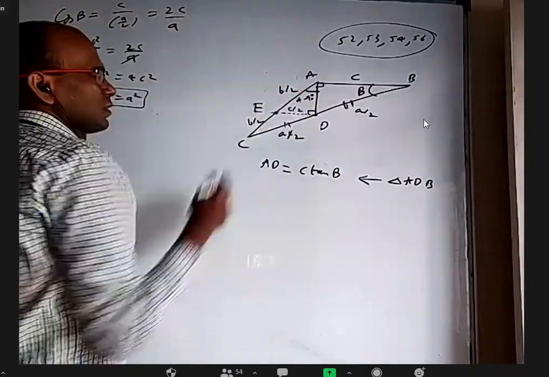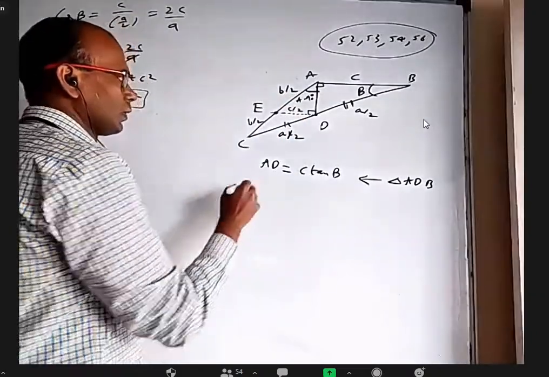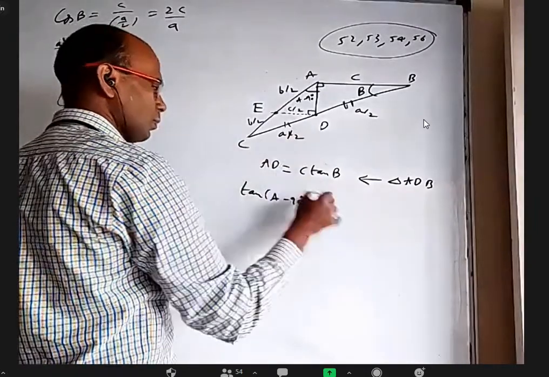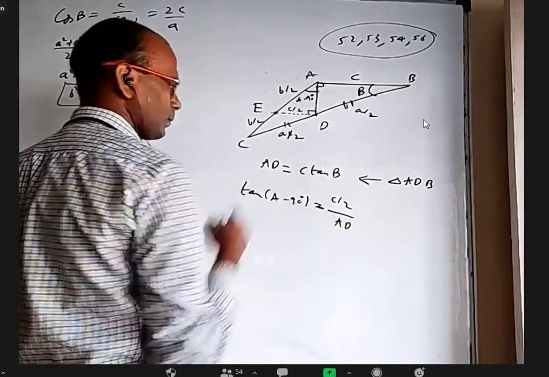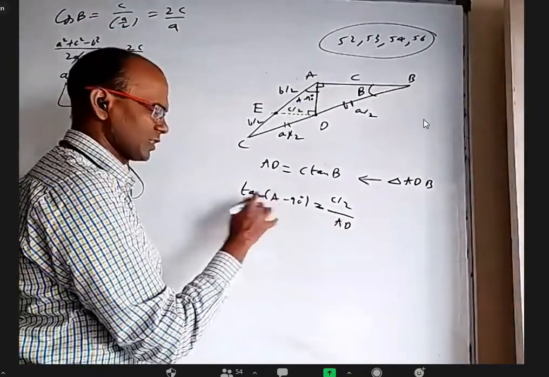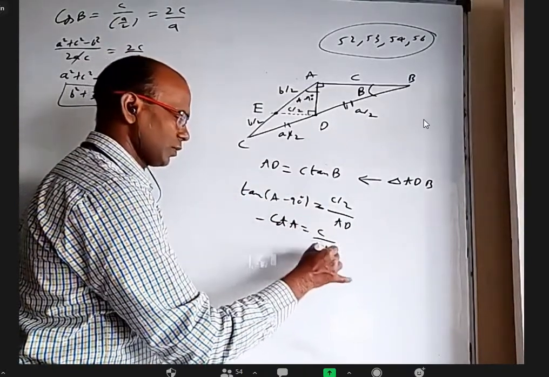From this triangle, what is AD? I can use this or this. If I take tan of A minus 90 degrees, the opposite side is c by 2 and this is AD. So what is AD? First of all, this is minus cot A is equal to c by 2 AD.